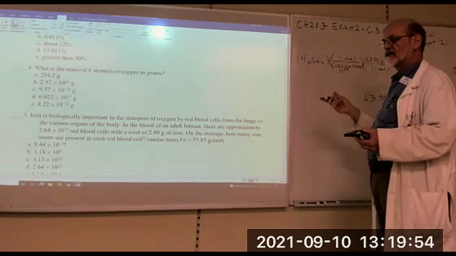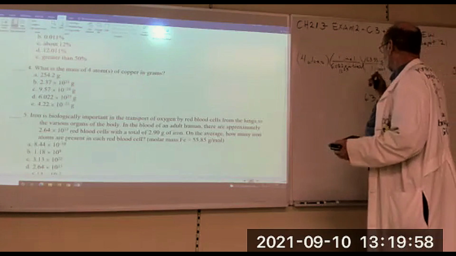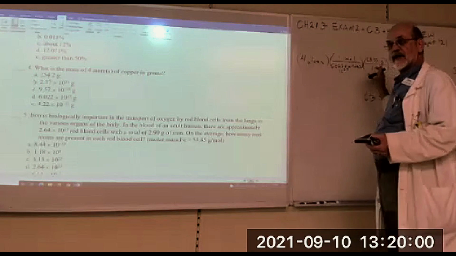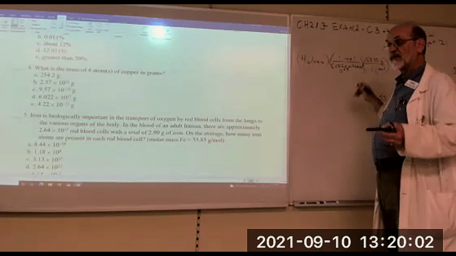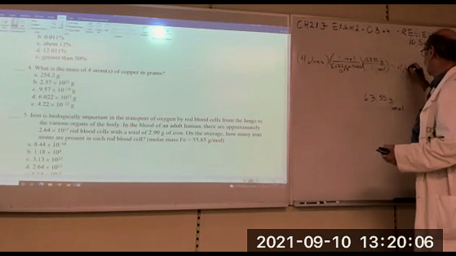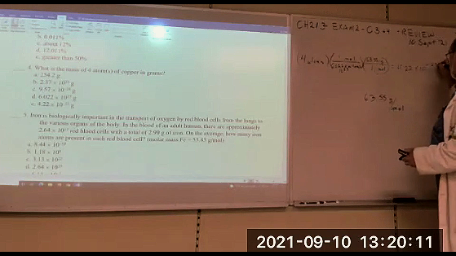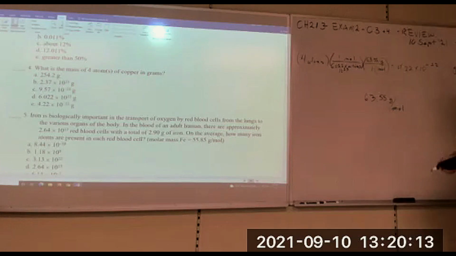The example we used in lecture was pencils, I think. So 4 atoms, and conversion factors have infinite significant figures, so we can pick as many as we want. 4.22, how about that? Times 10 to the minus 22 grams. Right here. Okay?